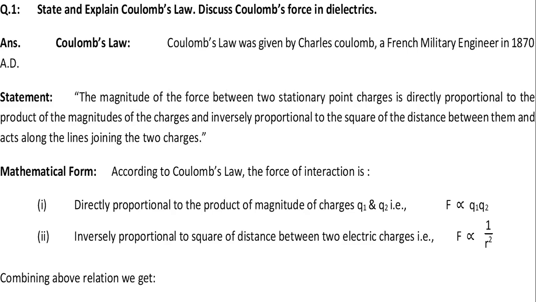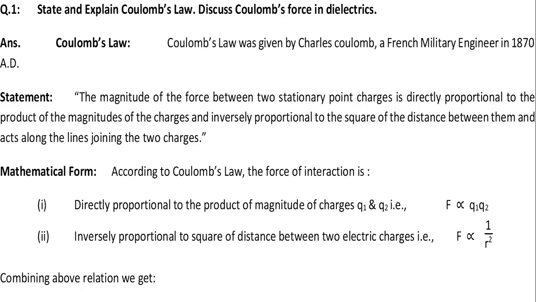So according to the statement, we have to find the mathematical form of Coulomb's law. The force of attraction is directly proportional to the product of the magnitudes of the charges q1 and q2, on the basis of the statement of Coulomb's law.